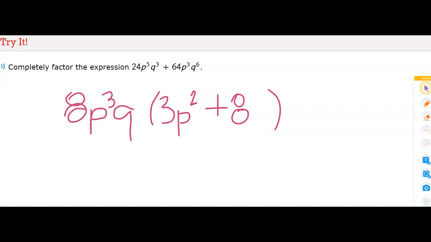So q could be cubed, and then q here will be cubed as well, and then 3 plus 3 is 6. And then we factored it all up.